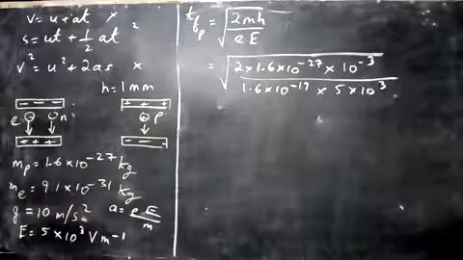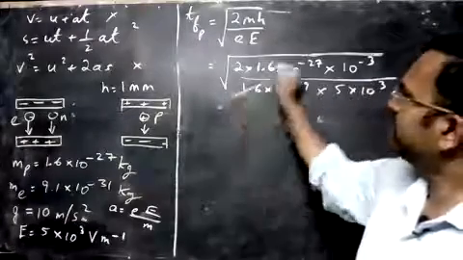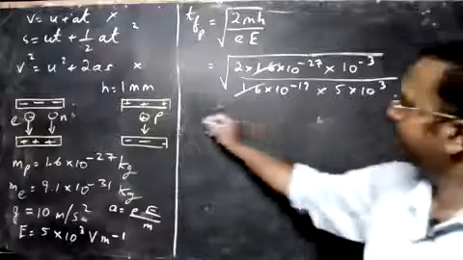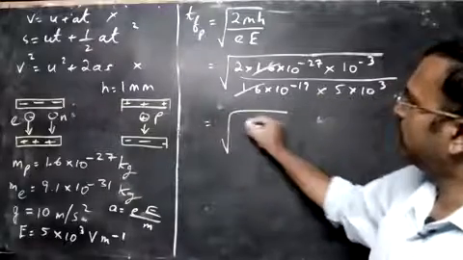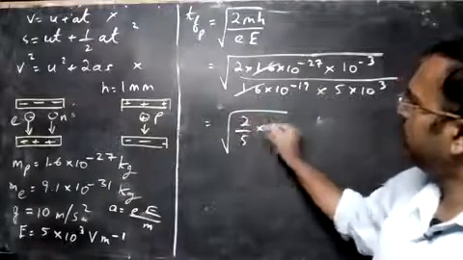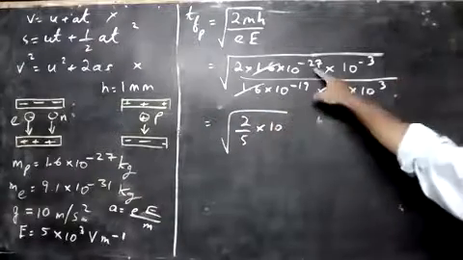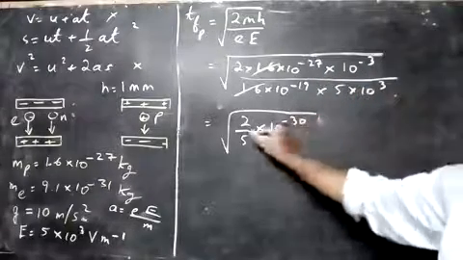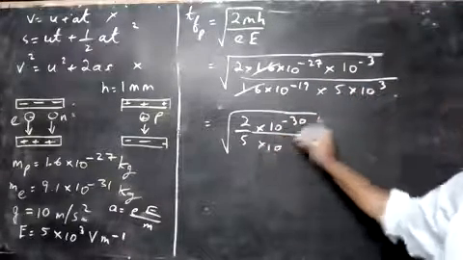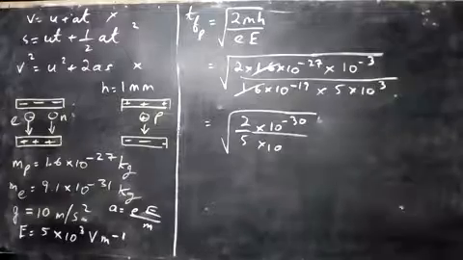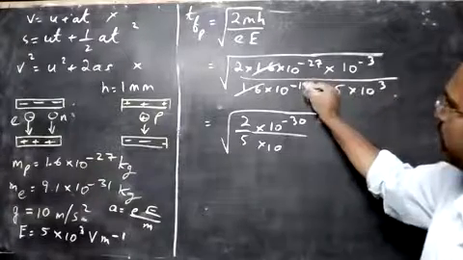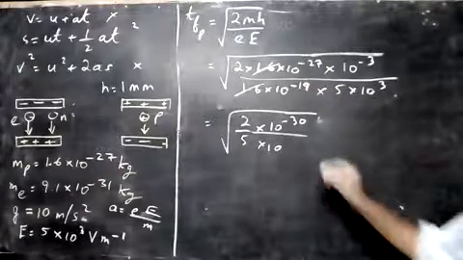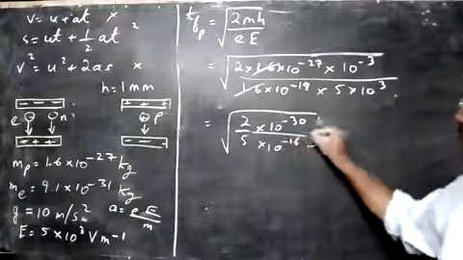Now just see, very simple, 1.6 cancels. So you get 2 by 5. So what we get is root of 2 by 5 into, in the numerator, 10 power minus 27 minus 3 is minus 30. And in the denominator, 10 power minus 19 plus 3, which is minus 16. Take this to the numerator, it will become plus 16.